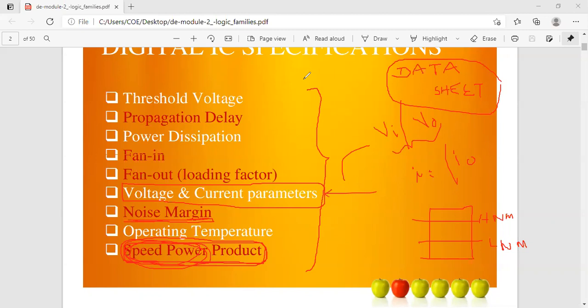Similarly, another concept available in practical or lab courses is the data sheet concept. What is available in the data sheets? It has all the information of the device which you are going to utilize in the application.